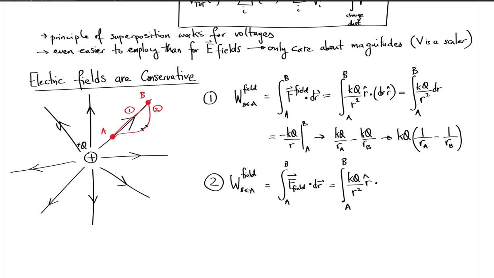Now I'm just going to zoom in on this little segment here. So dl might look like this. Here's dl. But the electric field, let's say, might be coming out at a bit of an angle, with respect to, we'll call it some angle phi.